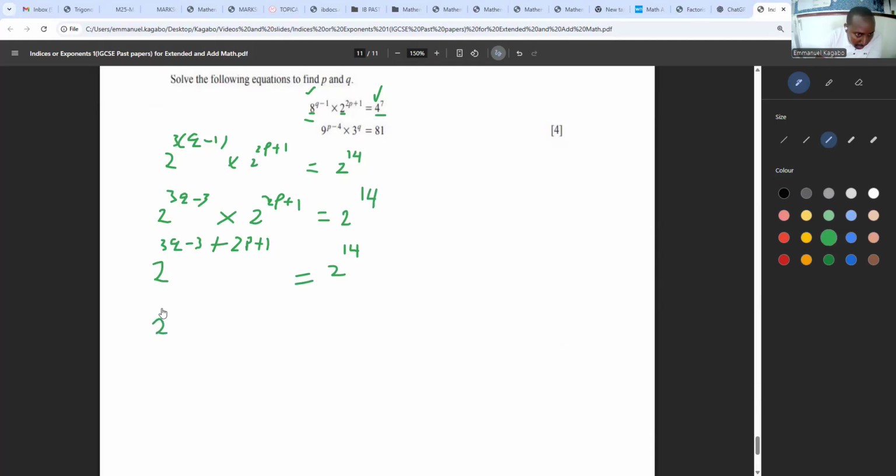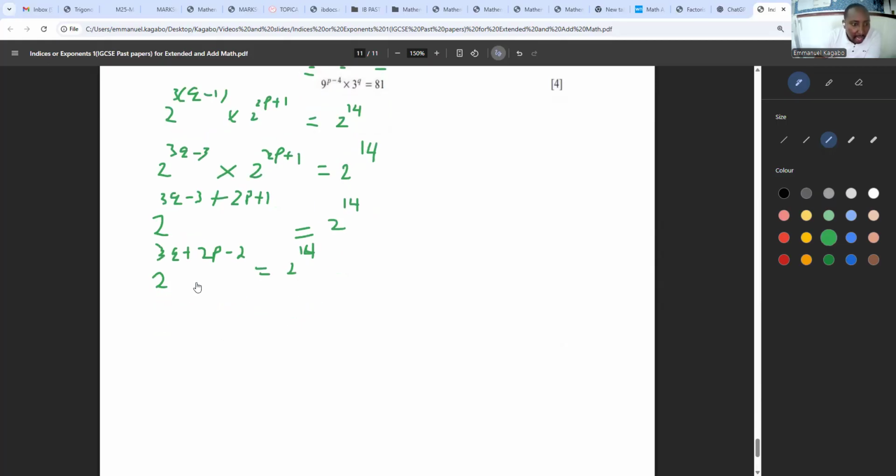I'll get 2 power 3q plus 2p minus 2 equals to 2 power 14. Wow, very good question. Now, if bases are equal, powers are going to be equal. So it's going to be 3q plus 2p minus 2 equals to 14.